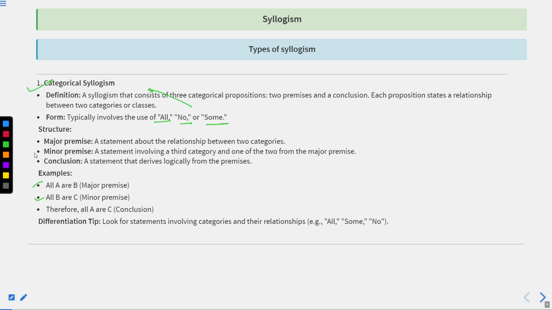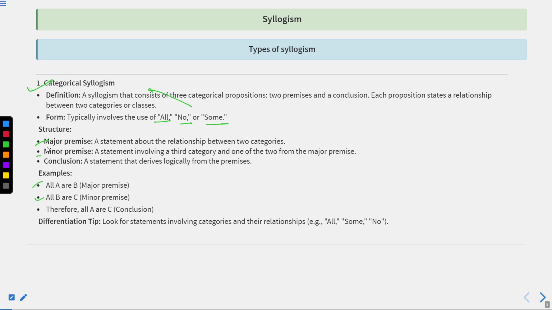Now please understand, guys, when you talk about major and minor premise, don't get confused that major means something big. No, it is the first statement, that is why it is considered the major premise. Even the minor premise can be of the same kind of statement as the major premise, and the contrary is also possible.